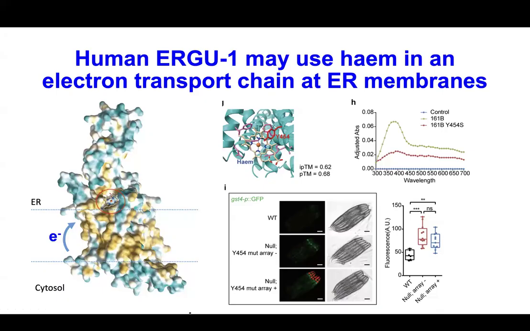And functionally, we also showed that the tyrosine is crucially important for maintaining the function of this protein in rescuing the C. elegans null mutant.